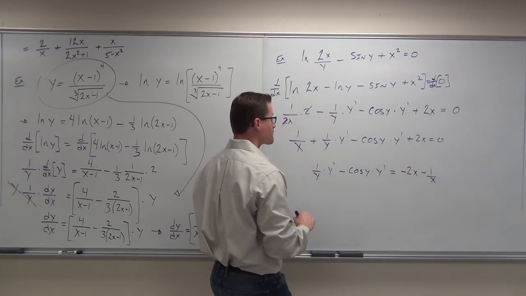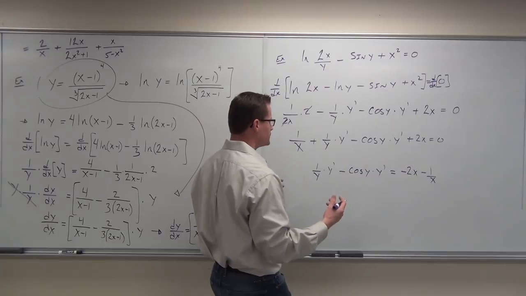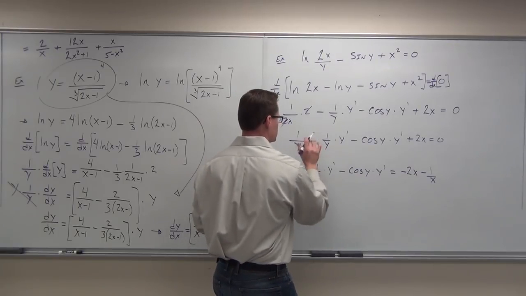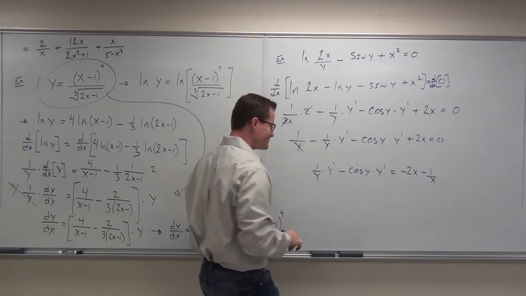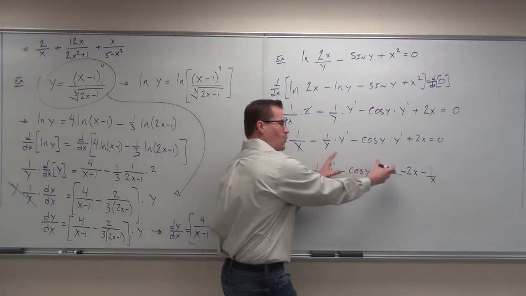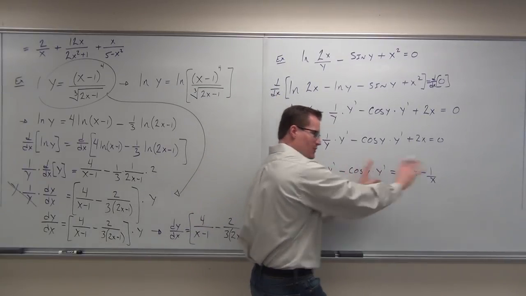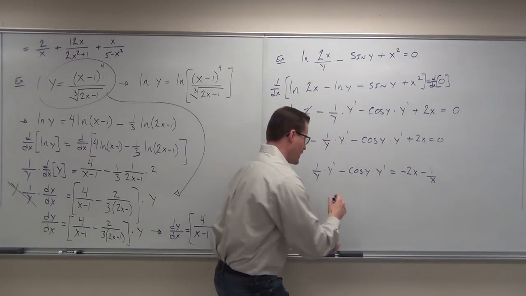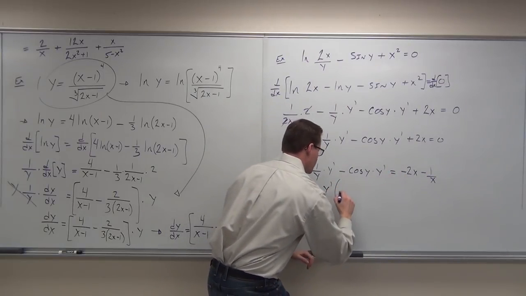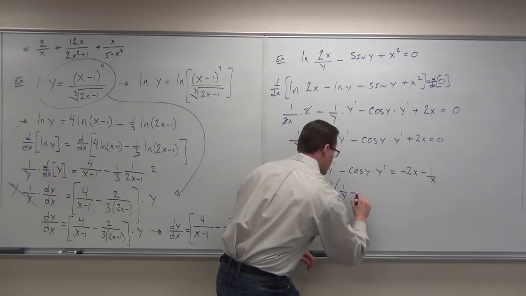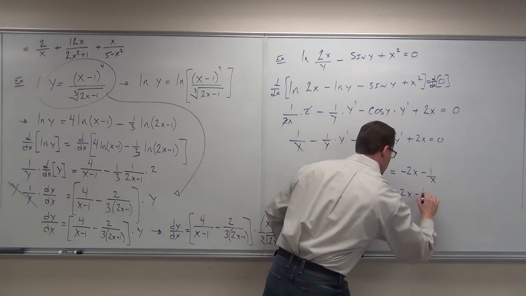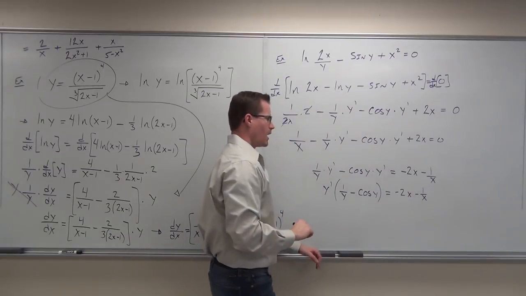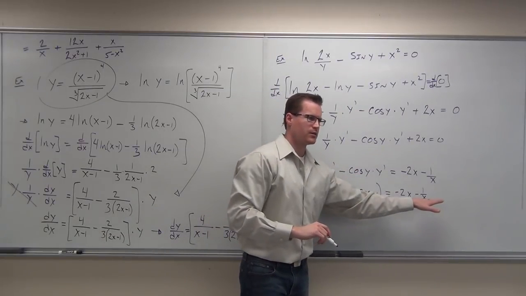Just checking. As soon as you have your y prime terms on one side and everything else on the other side, this is when you want to factor out your y prime. And then just divide.